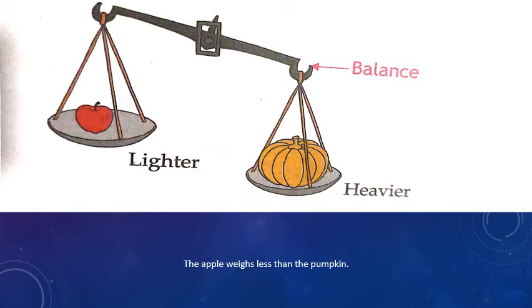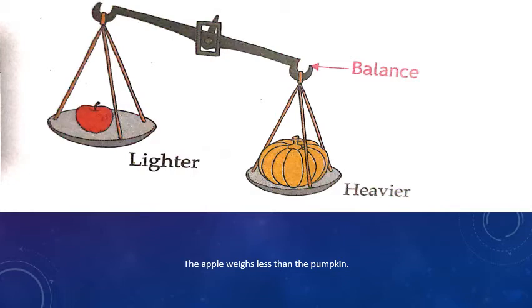Now we see that the pan containing the pumpkin goes down and the other pan containing apple goes up. Children, this means that the pumpkin is heavier than the apple.